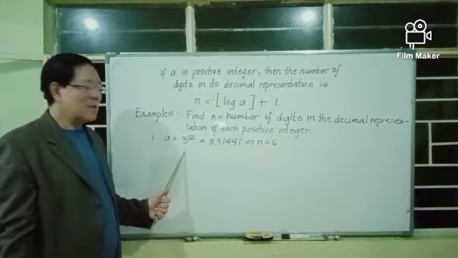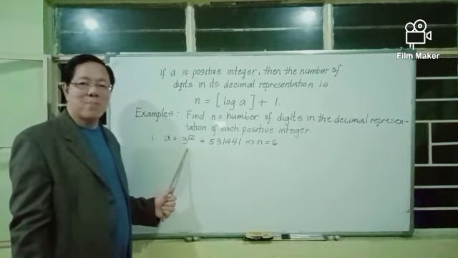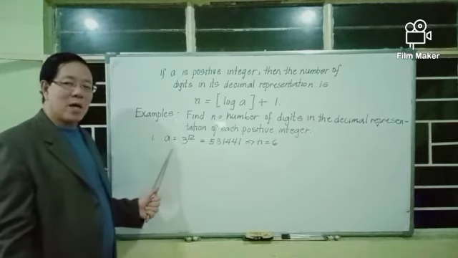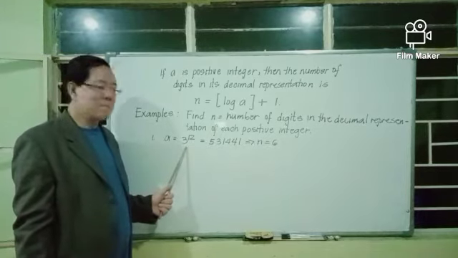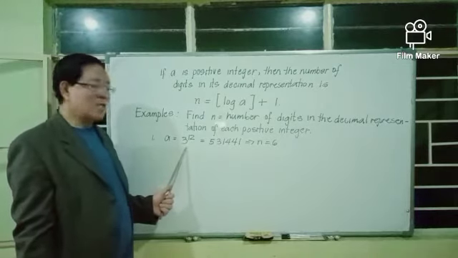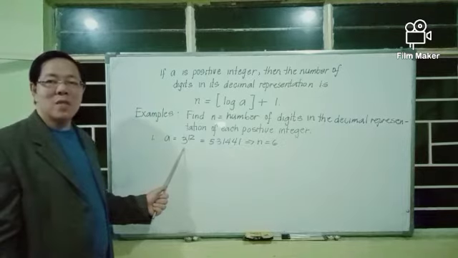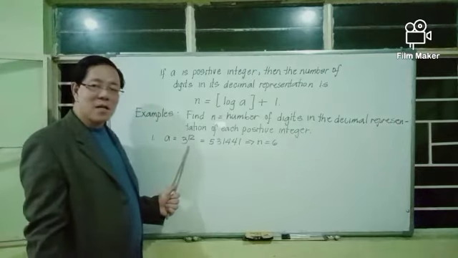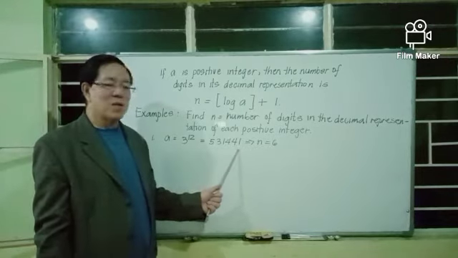We have the positive integer in exponential form, 3 to the power 12, and this is our a. And we want to find the number of digits in the decimal representation of the positive integer 3 to the power 12. And using our calculator, we computed that 3 raised to 12 is actually 531,441.